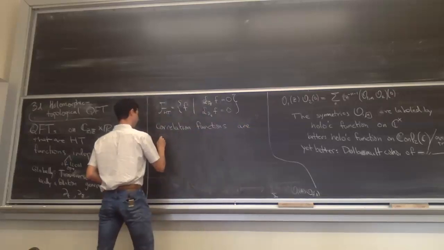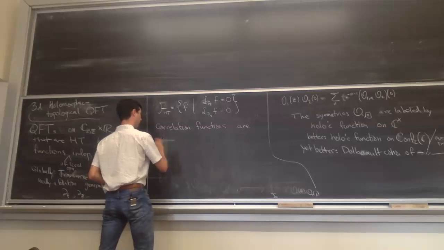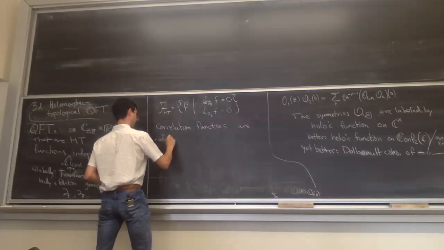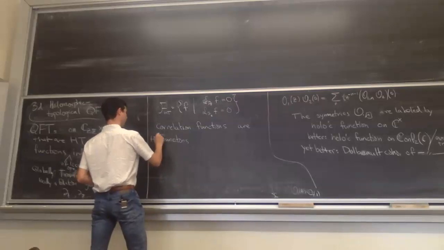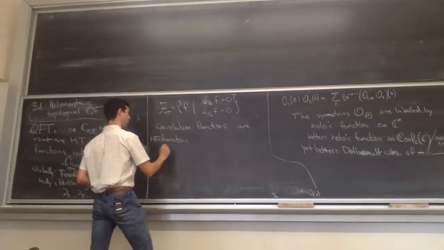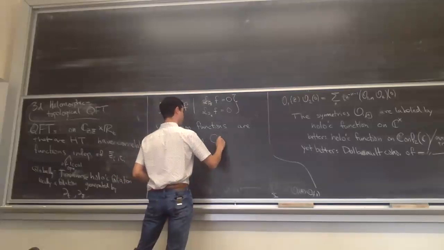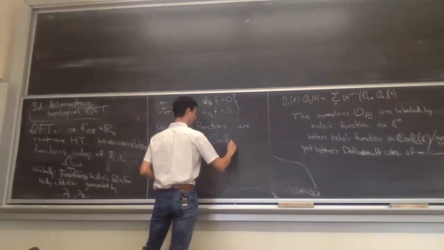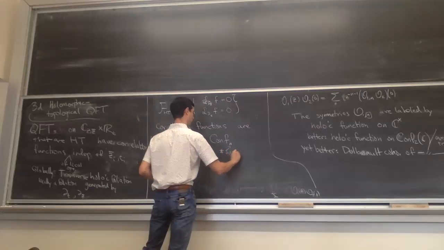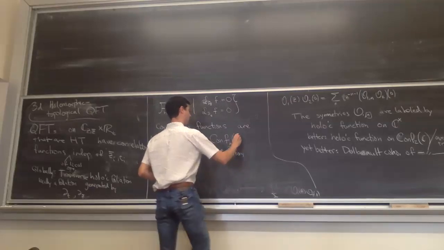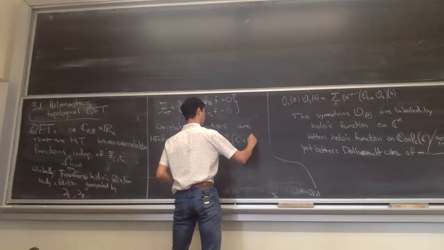They are elements, or I guess functions, maybe I should say holomorphic topological functions on the configuration space of n, which is like the number of insertion points, of C times R.